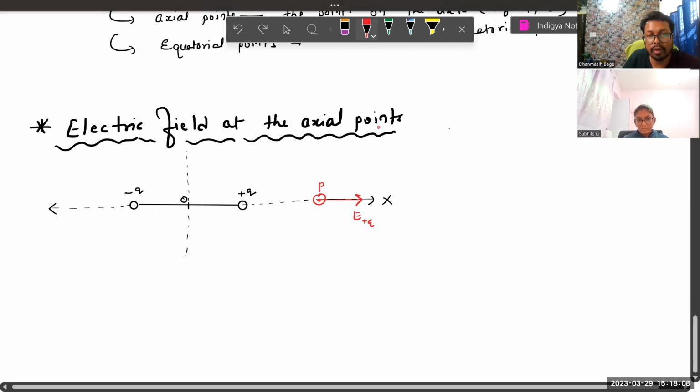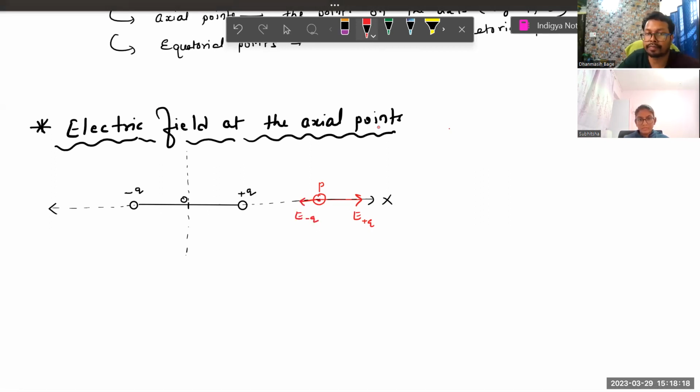And minus Q will be slightly weaker, E minus Q, right?